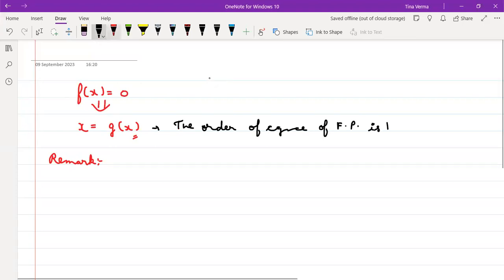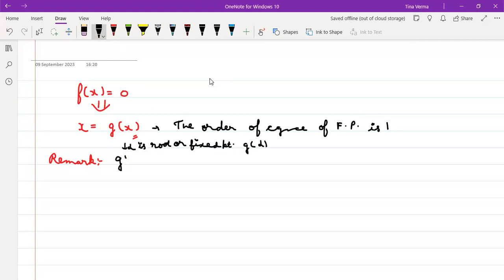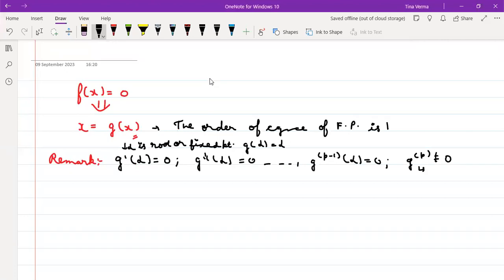We have also done one remark that if alpha is any root, obviously if alpha is the root, or you can say fixed point, then g of alpha becomes alpha, and g dash alpha is also 0, g double dash alpha is also 0, and the (p minus 1)th derivative is also 0, and the pth derivative is non-zero, then in that case the order of convergence is p, right? So that we have done in the remark with the fixed point.